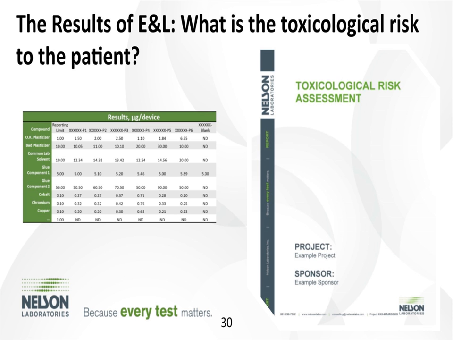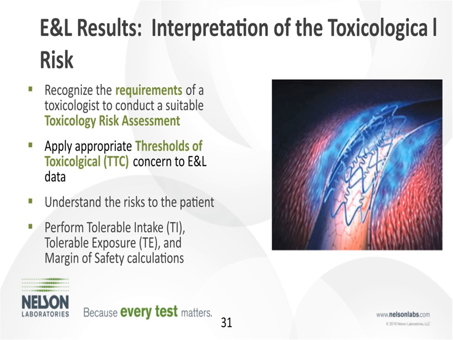The guidance for writing one of these toxicological risk assessments is again in Part 17 of the ISO 10993 series. So who can write and interpret these results? Well, according to ISO 10993, it's appropriately educated and trained personnel, and they should be the only ones writing these toxicological risk assessments. Generally, they are toxicologists.